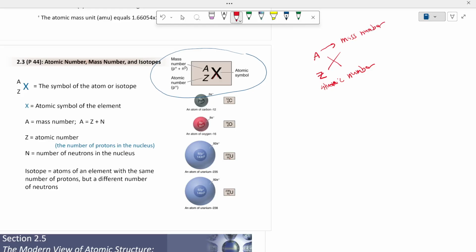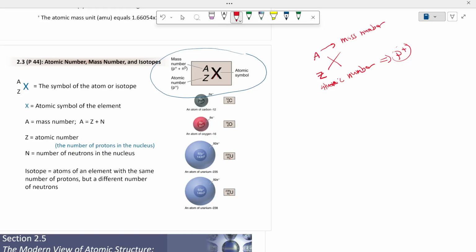The atomic number is the number of protons. This is a very important number because it's similar to your fingerprint. For all atoms of the same type, this number of protons is constant. You cannot change it. If you change the number of protons, then you will change the type of atom. So for all carbon atoms in the universe, the atomic number is 6.